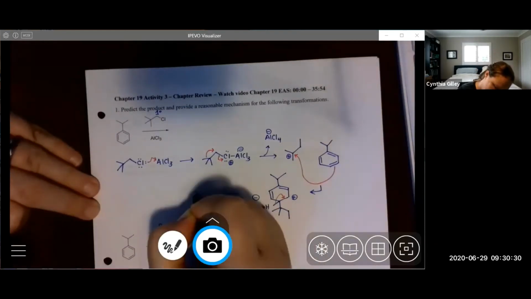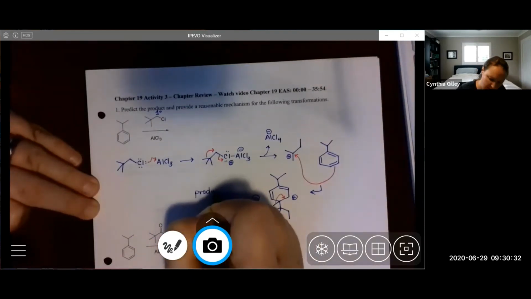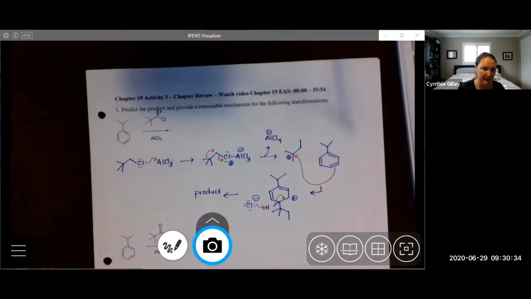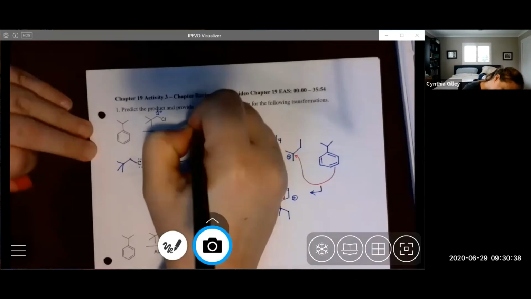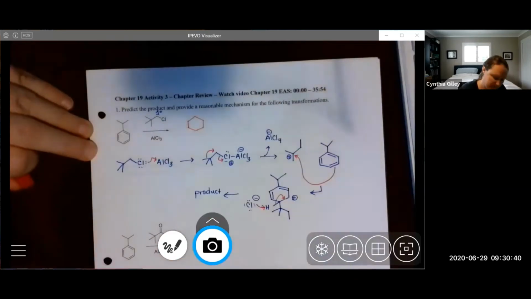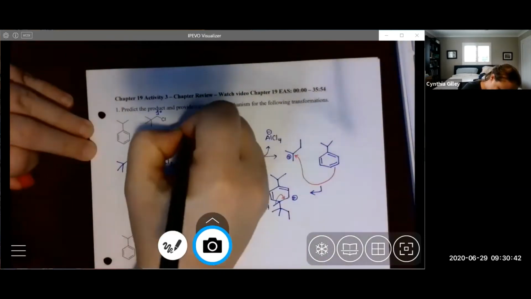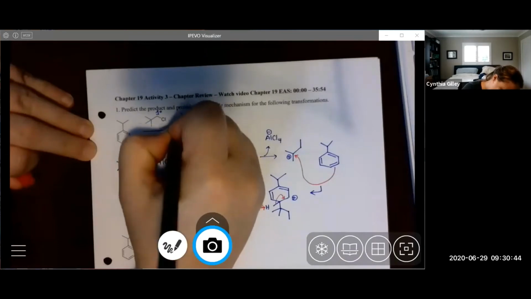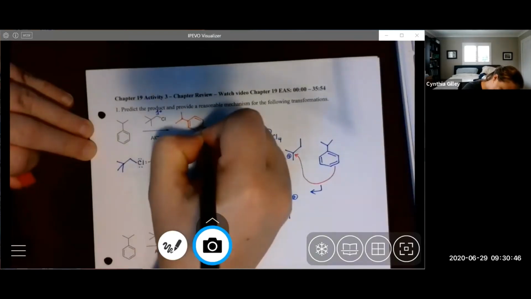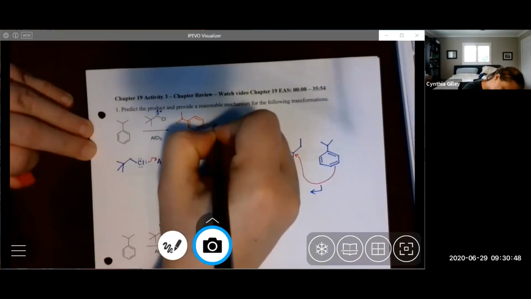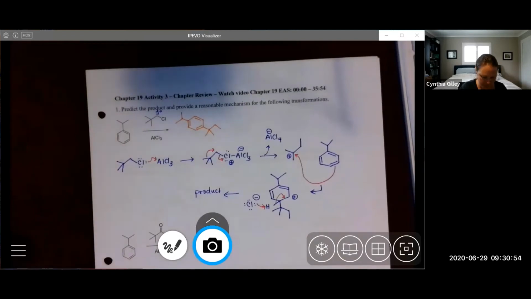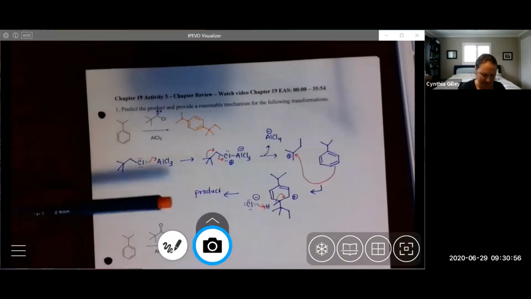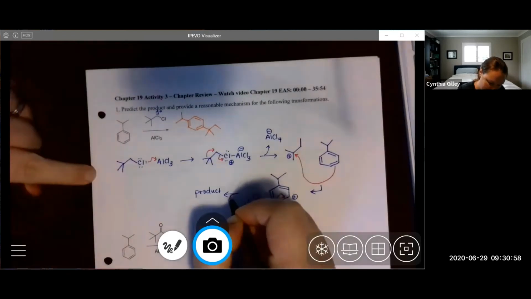And this gives us the product, which I'll go ahead and draw up here. Just to fit it, I'm going to shift the ring around a little bit; it's easier to fit on the paper. And the byproduct of that last step is HCl.